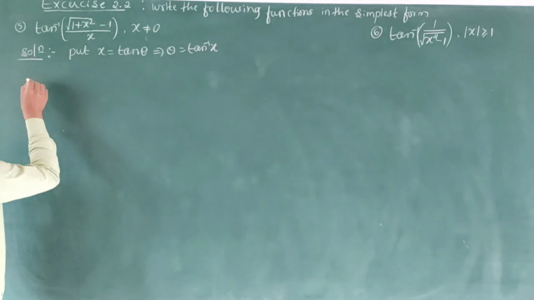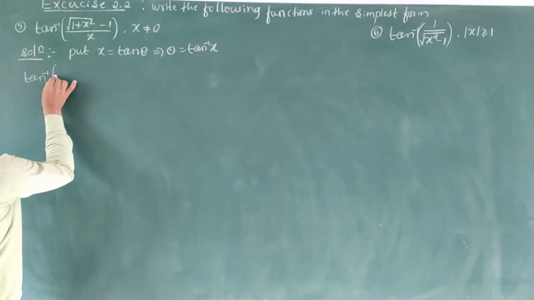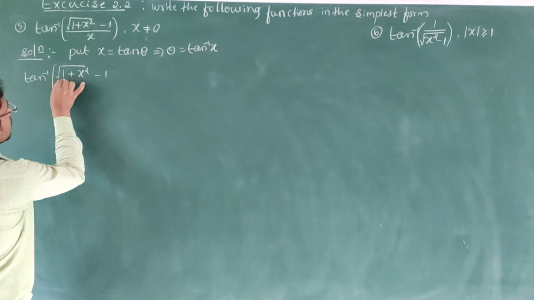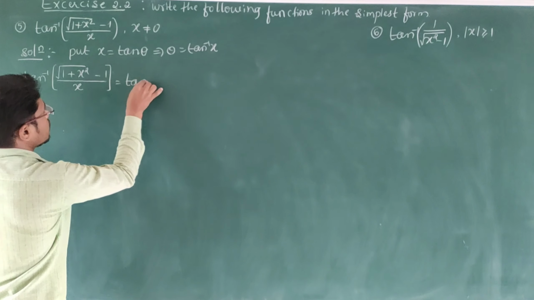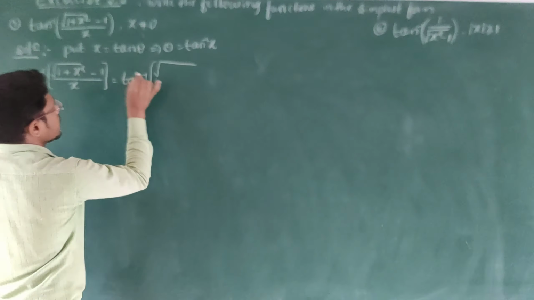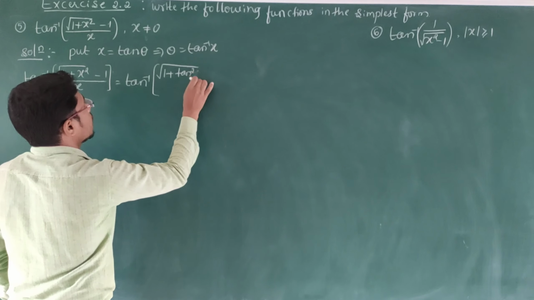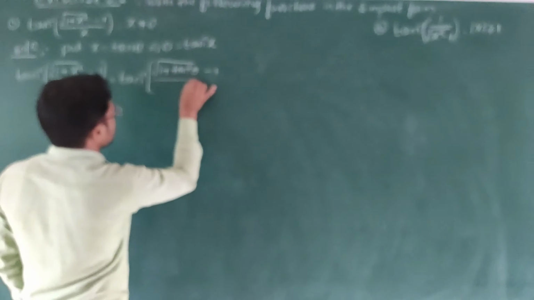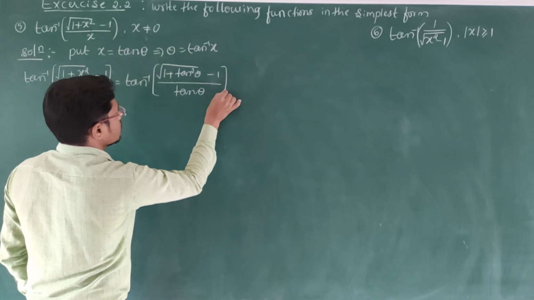Substitute x equal to tan theta, theta is equal to the tan inverse of x. Put that in: tan inverse of root 1 plus x square minus 1 divided by x is equal to the tan inverse of root 1 plus x square, meaning 1 plus tan square theta, x is nothing but tan theta, minus 1 divided by x, x is tan theta.